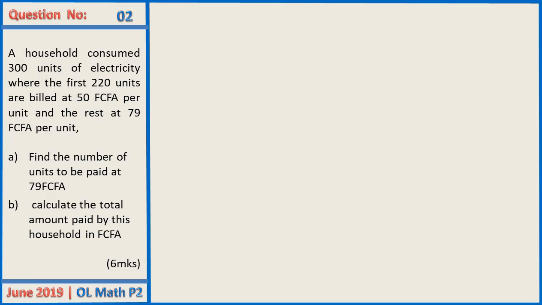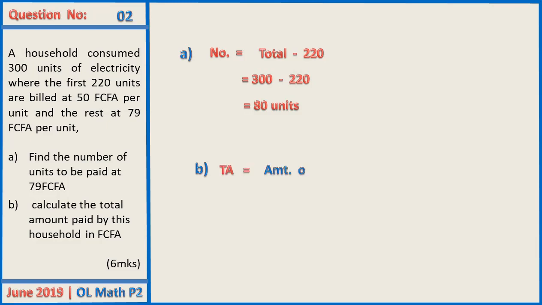In this question, note that the total units we have is 300, and the number of units to be billed at 79 should be the extra number of units from this 300, giving us 300 minus 220, so we have 80 units. Now the total cost of electricity bill is the cost on the first 220 units, which each cost 50 francs, and the cost on the 80 units, which each cost 79 francs.